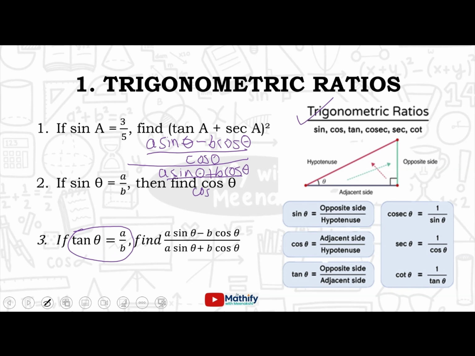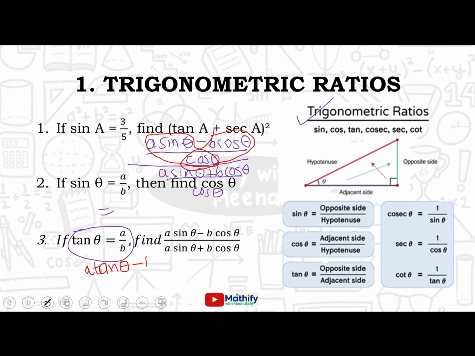We have to divide by the same. So we have divided by cos theta. Now just break this. What is a sine theta by cos theta? That is a tan theta because sine by cos is tan. Minus what is b cos theta by cos theta?